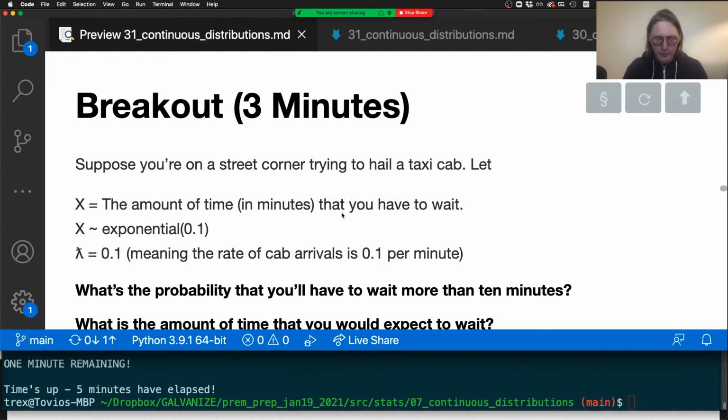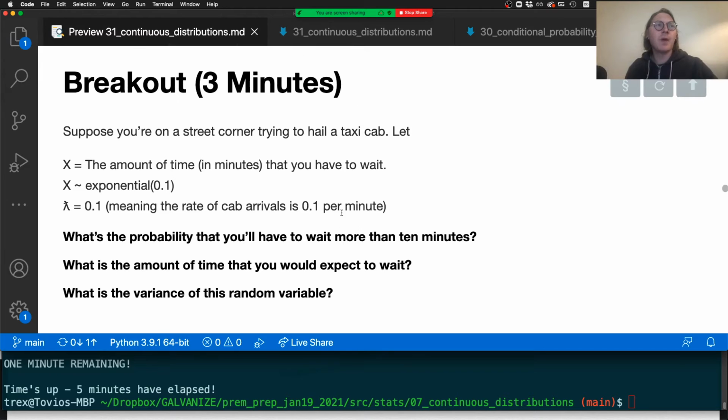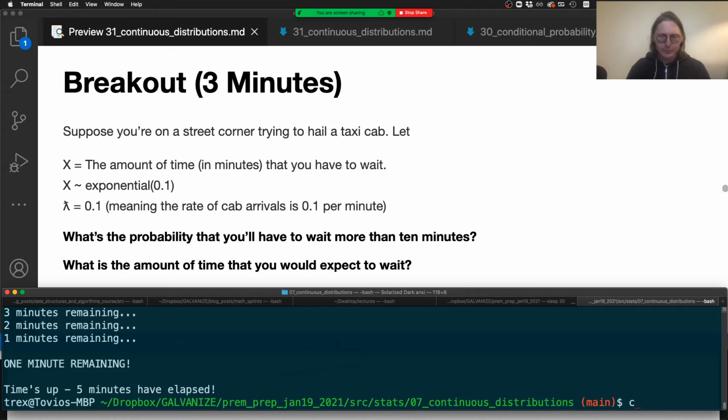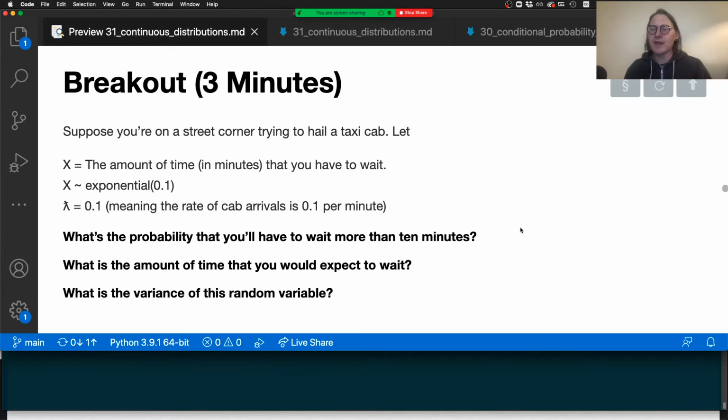Okay, so we're going to do another breakout, and I'm going to put 4 minutes on this, because I think some of you will be copying and pasting that code, and you'll need all of that. So suppose you're on a street corner trying to hail a taxi cab. Let x be the amount of time in minutes that you have to wait. x follows an exponential distribution with a lambda of 0.1.